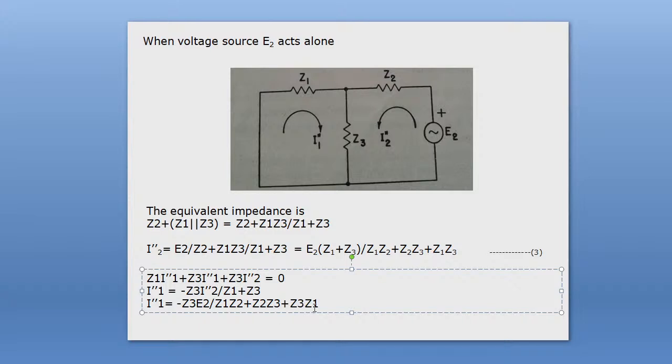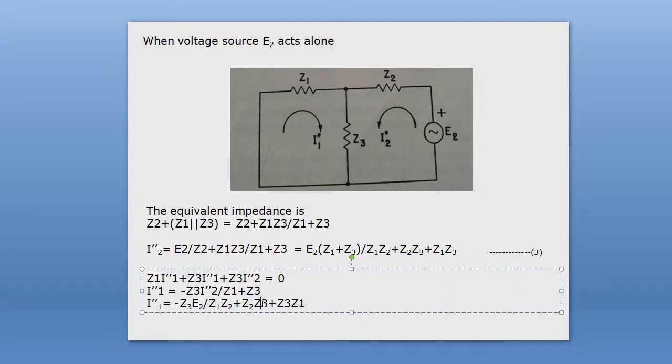Ultimately you will get the expression of I1 double dash equal to this. Now you add these two terms, I1 dash and I1 double dash, which will give you the value of I1.